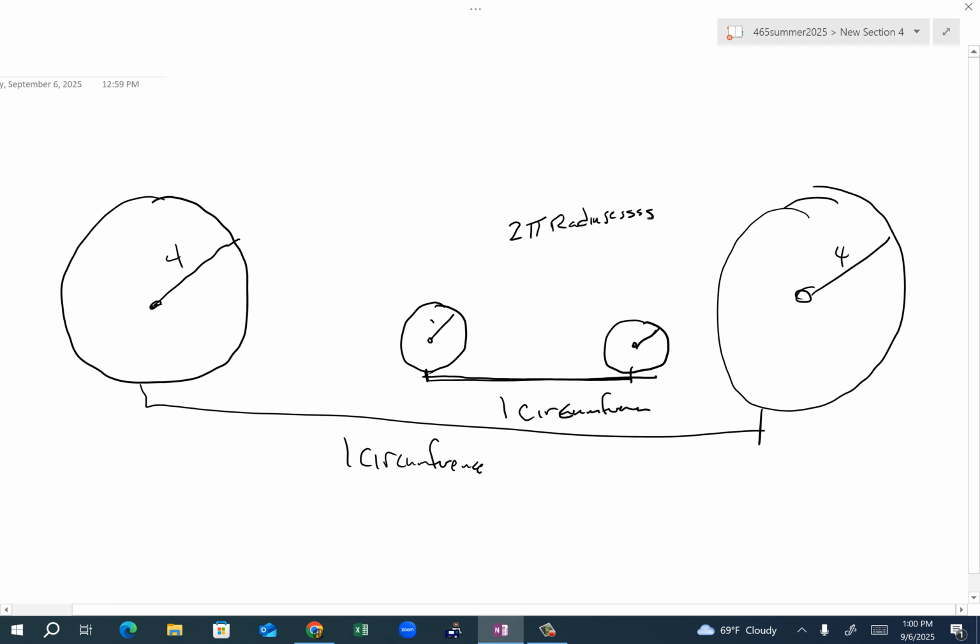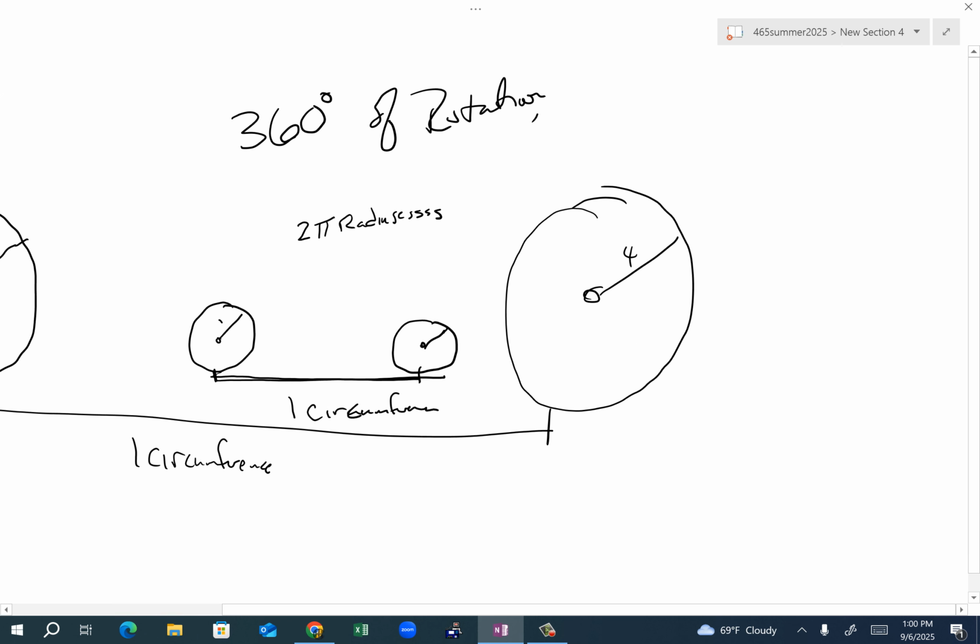Are you with me? So in 360 degrees of rotation, that is 1 circumference, which is equal to, of course, 2 pi radiuses.